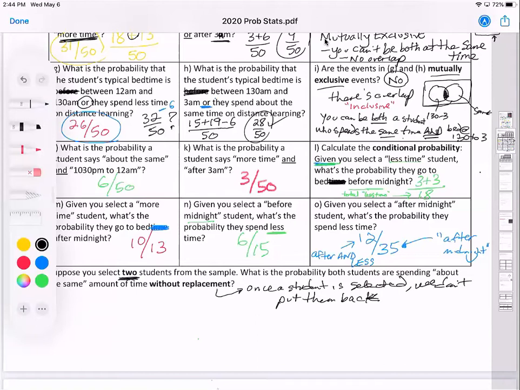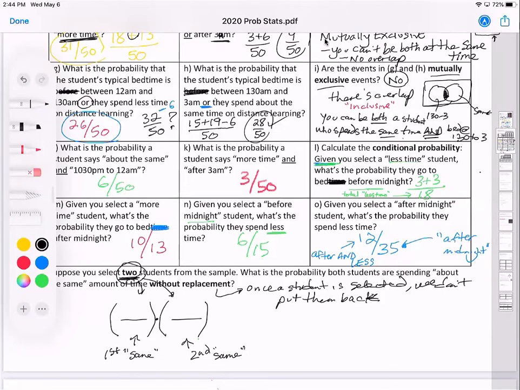So that means for our first student, since we have 2 students, we're going to have 2 fractions that we multiply. The first fraction is the first student spending the same amount of time, and the second is the second student spending the same amount of time.